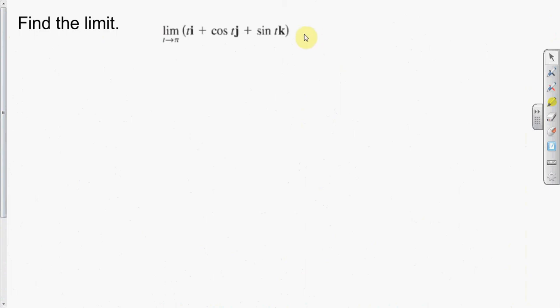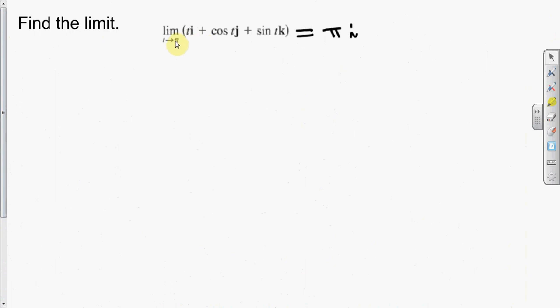We want to find the limit here. First, you see if the limit exists at the value, and for all three, they do. So here, the limit as t goes to pi becomes just pi times i, plus, let me change that, it's going to be a negative.